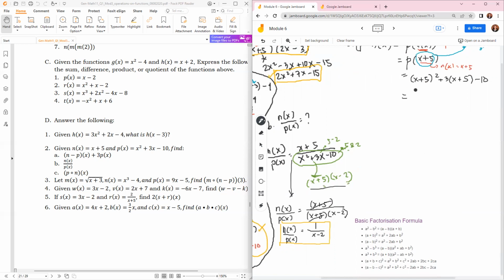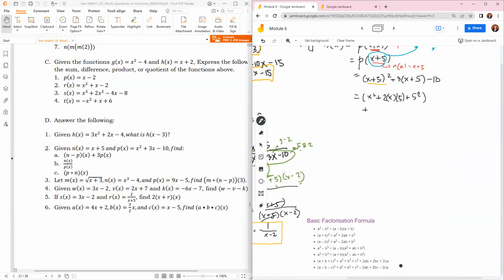So the first term is x squared plus 2 times x times 5 plus 5 squared, and then plus 3 times x plus 5 minus 10. Let's simplify further.